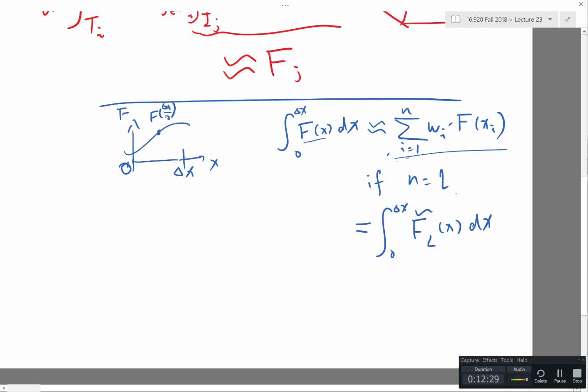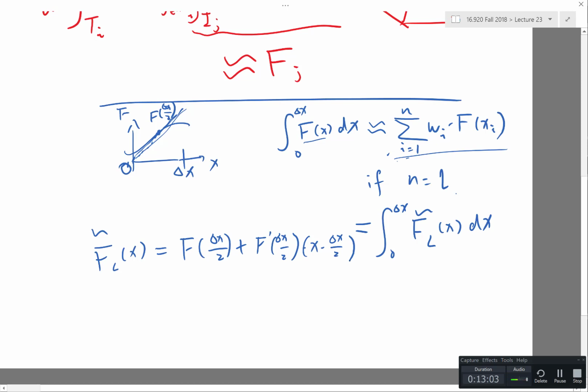And so what if we just use the linear approximation of the Taylor series? What if I choose f tilde of x to be equal to f of half of delta x plus f prime at half of delta x times x minus half of delta x?